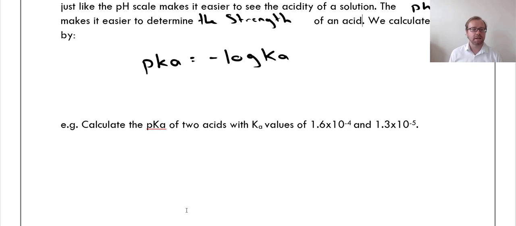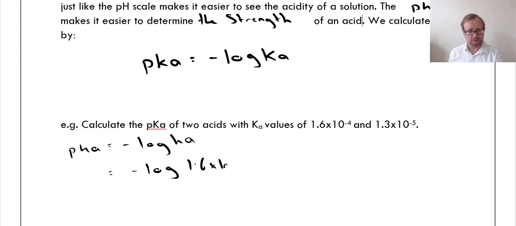So calculate the pKa of two acids with Ka values of 1.6 times 10 to the minus 4 and 1.3 times 10 to the minus 5. You can do this yourself, so have a go. Okay, I'm sure you've been able to calculate this, so we'll just go through it again. pKa equals minus log of Ka, which equals minus log of 1.6 times 10 to the minus 4, giving me a value of 3.80.